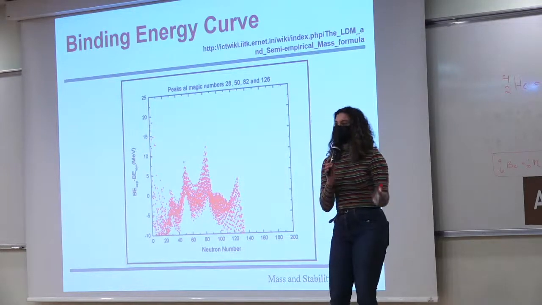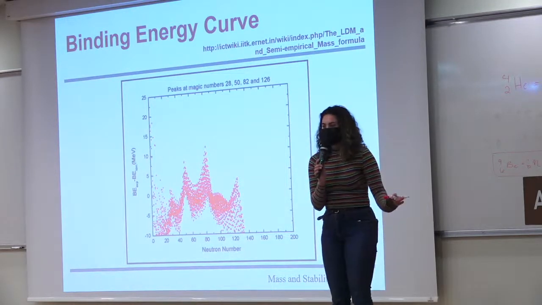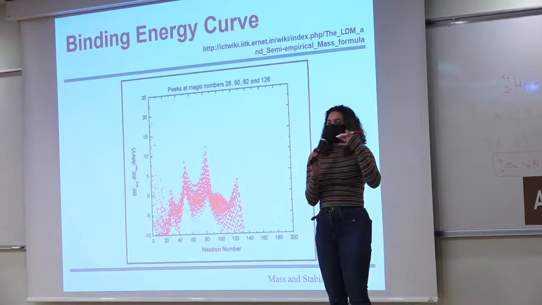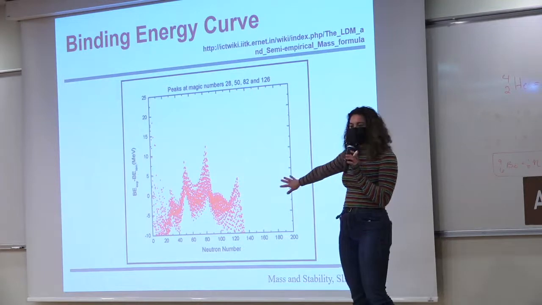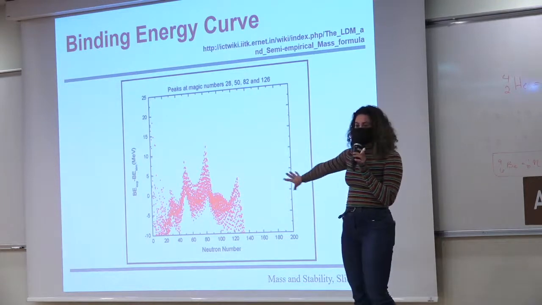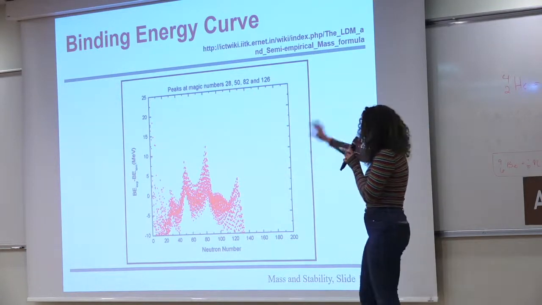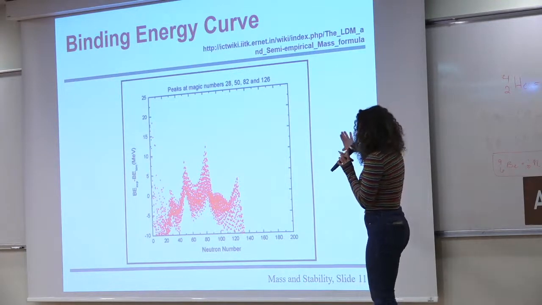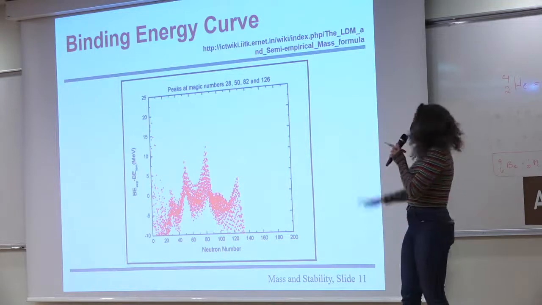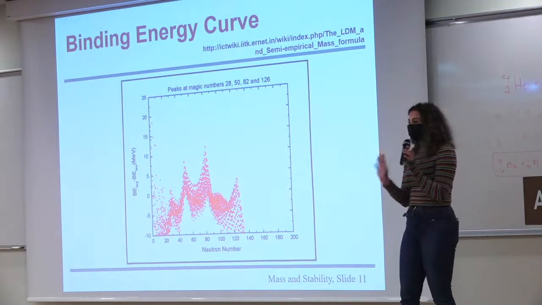Exact same thing happens with neutrons. So based on that, we get these almost irregular seeming, very, very stable isotopes. Our first few numbers are known: 28, 50, 82, 126. These are tried and true, very stable.